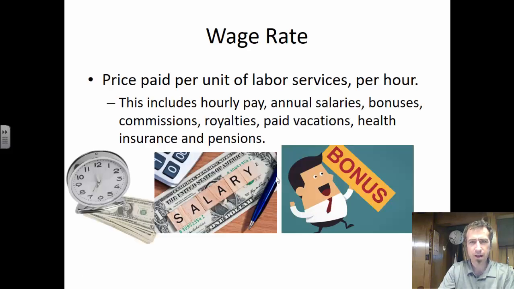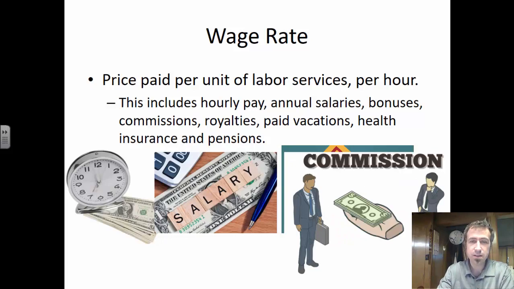First, you should already know this, but just a quick review. Wage rate is the price paid per unit of labor services per hour. You should already know this just because it makes sense, not necessarily because we've covered it. This includes salary, your bonus, and commission you might make from selling products as a salesperson.